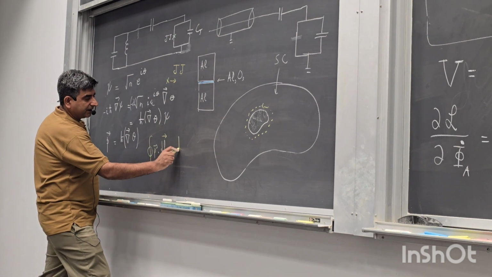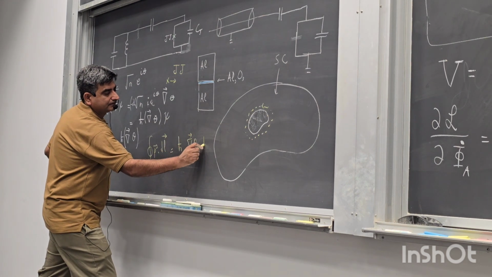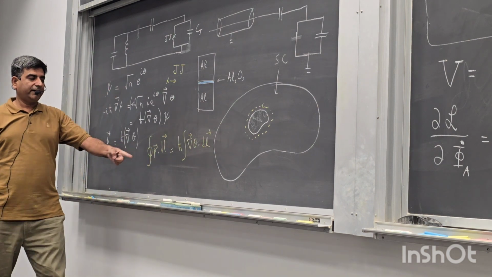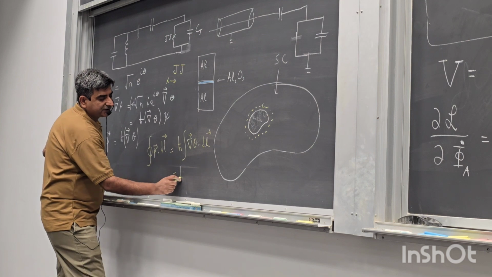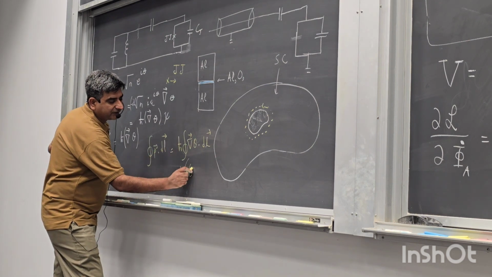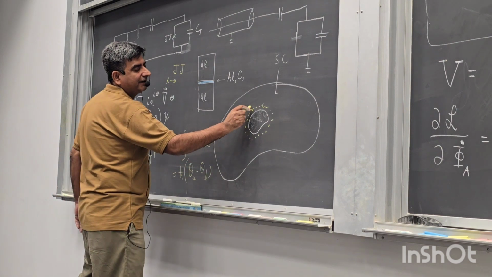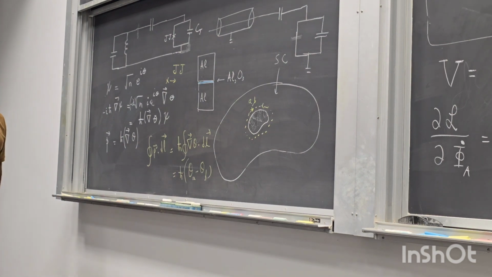So this becomes h bar, a line integral of a gradient. So this will simply give me h bar, and since it's a closed integral, this will give me phi a minus phi b, where a and b are both the same points because I'm moving around a closed loop.